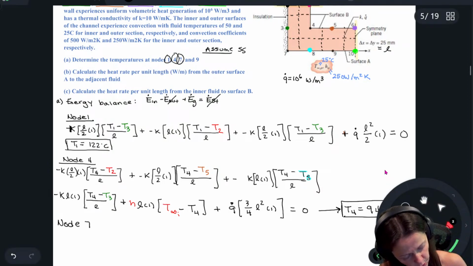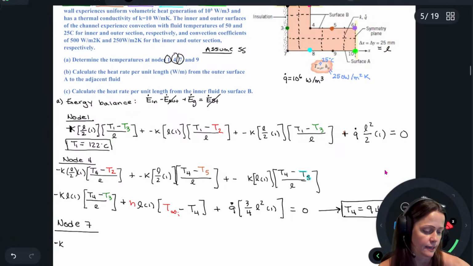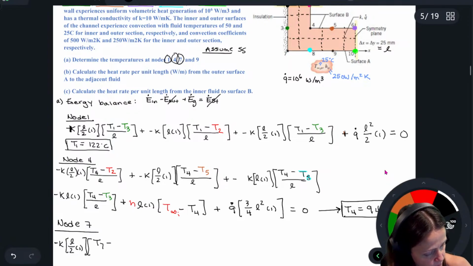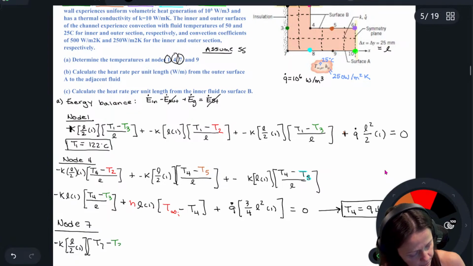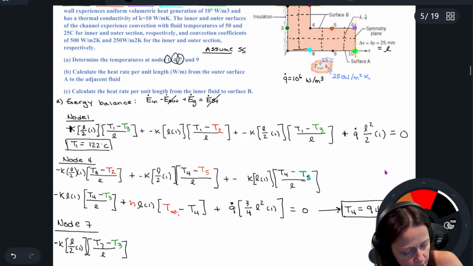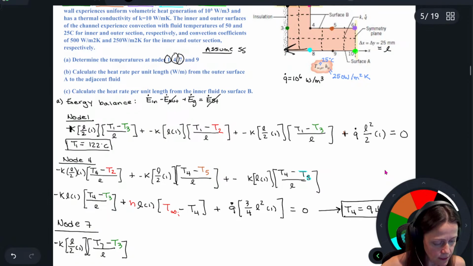All right, so for node 7, starting at the top. So negative K, coming in here, and it's going through a half area. So it is L over 2 times 1 times T7 minus T3 over L. Okay, now I've got this one coming in from 8.